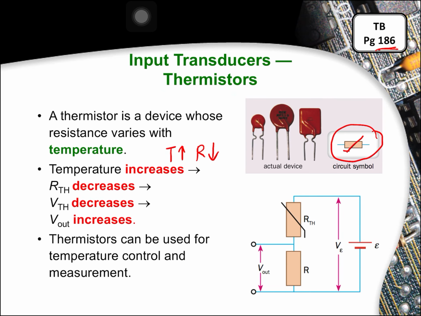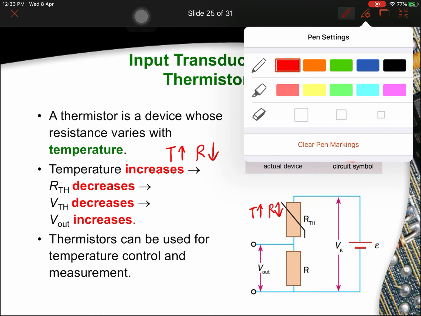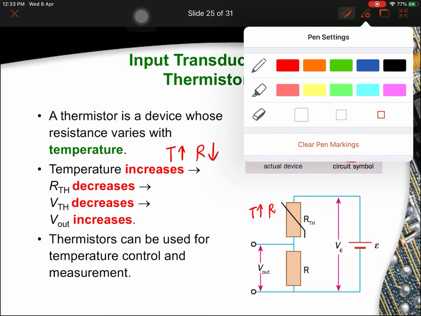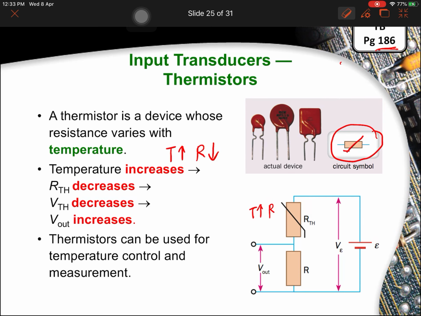So when temperature increases, we say that the resistance across the thermistor will decrease, right? So when the resistance decreases, my potential difference across the thermistor will also decrease.